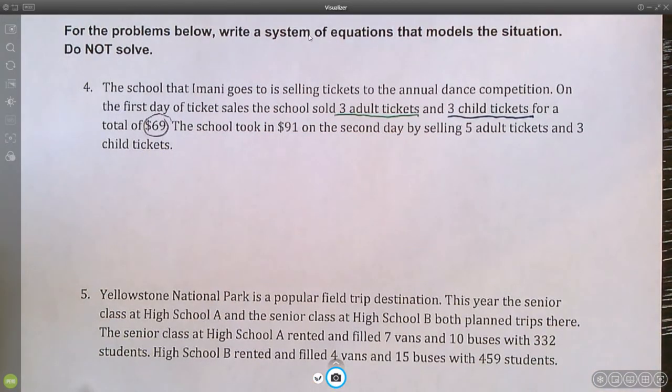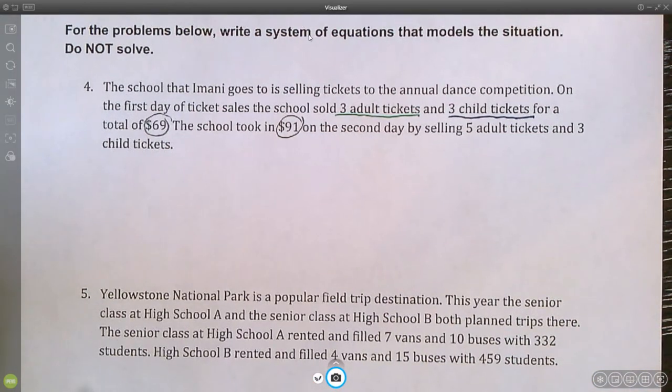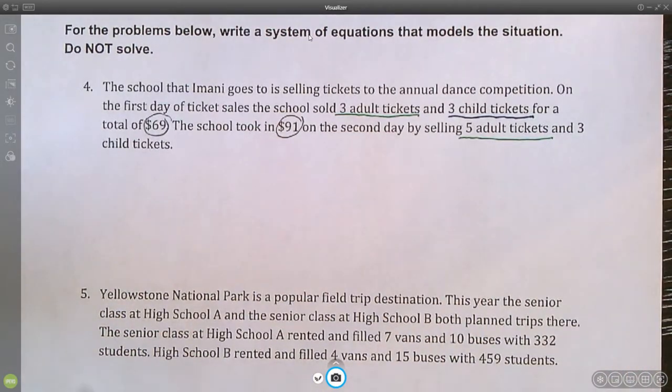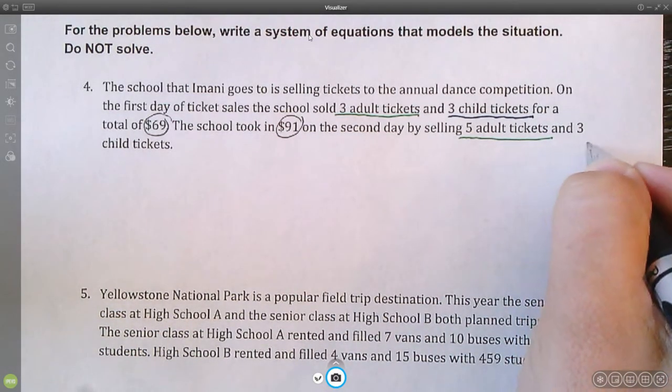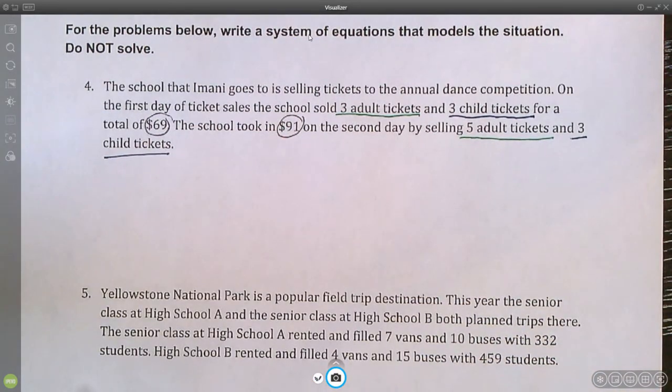The school took in $91, so that's a total. So circle that. On the second day by selling 5 adult tickets. So here's 5 adult tickets and 3 child tickets. We did that in blue.